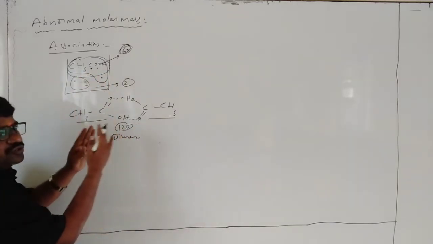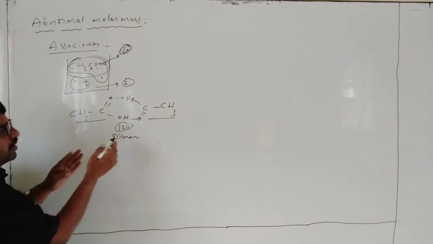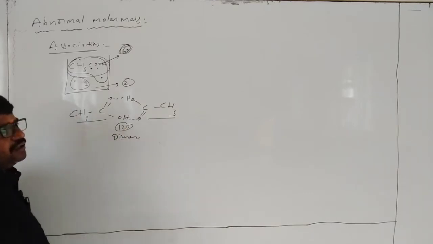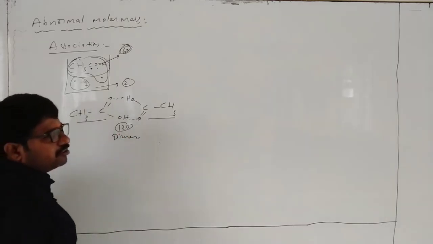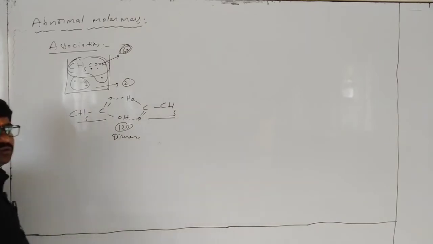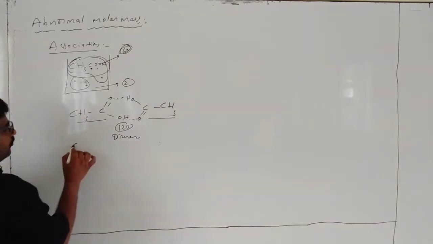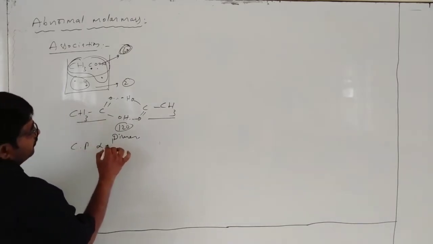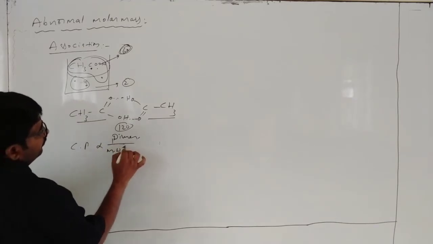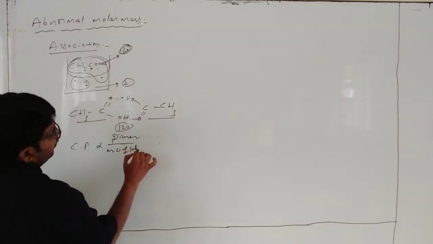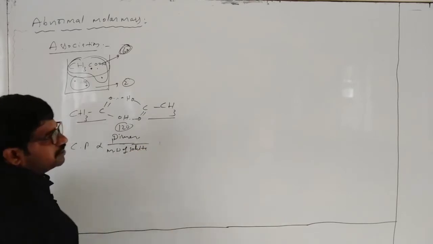When these two associate, the molecular weight of the compound changes. If the molecular weight changes, the colligative properties also change, because a colligative property is inversely proportional to the molecular weight of the solute.